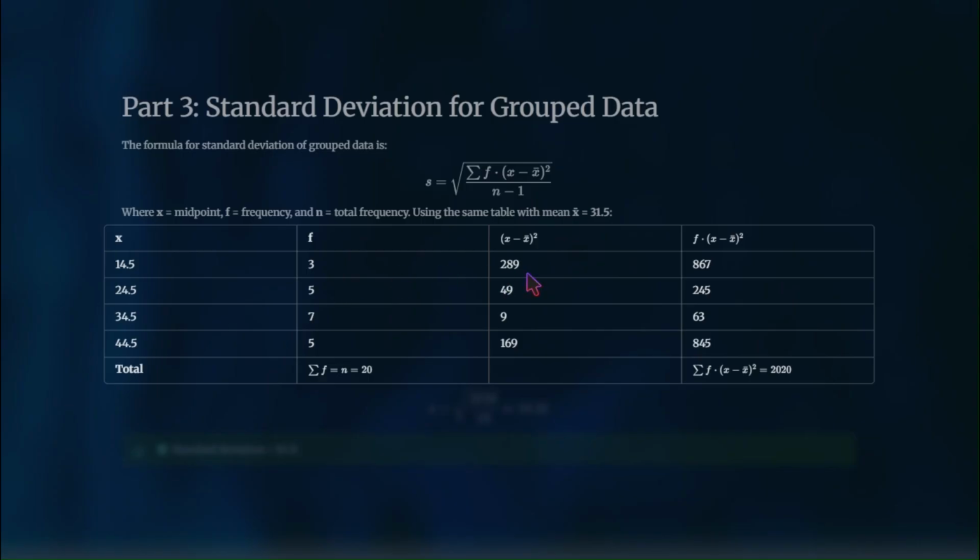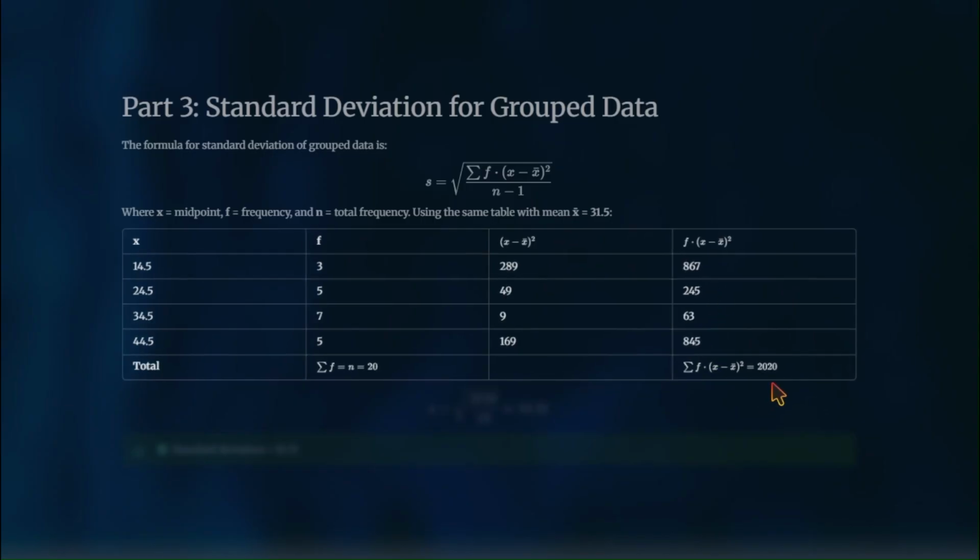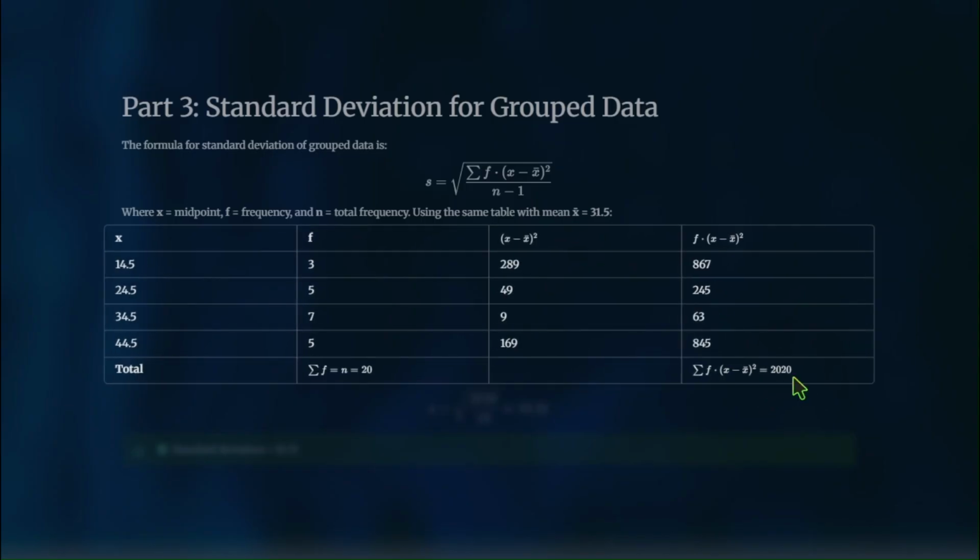So 3 times 289 will be 867. 5 times 49 will be 245. 7 times 9 is 63. And 5 times 169 will be 845. So the sum here will be 2020.